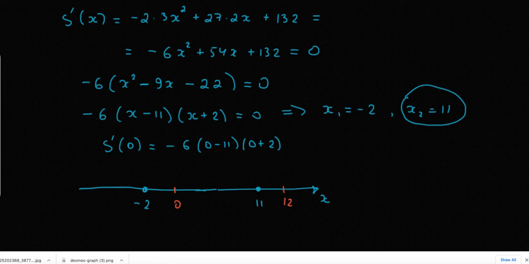I just need to know whether it is positive or negative, and it's easy to see because our value of the derivative at x equals 0 is a product of a negative number, negative 6, then another negative number, 0 minus 11, and the third factor is positive. So since the product of two negatives is a positive and the product of two positives is a positive, that is greater than 0.